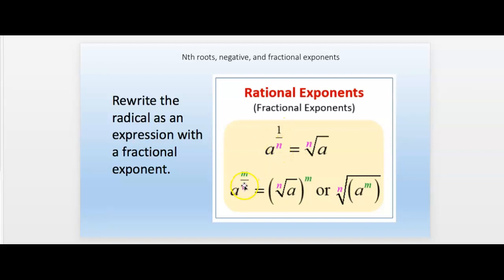All right? These three right here are very important to understand as equivalent expressions. When we say a raised to the m over n power, that means the m is the exponent we're raising it to the power of. The n is the root. All right?